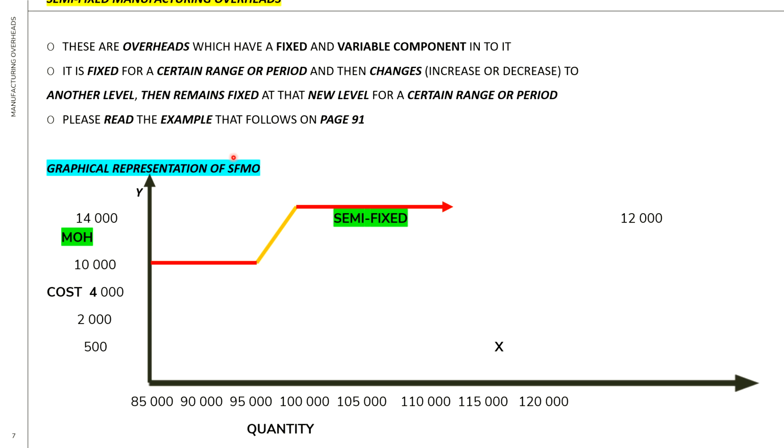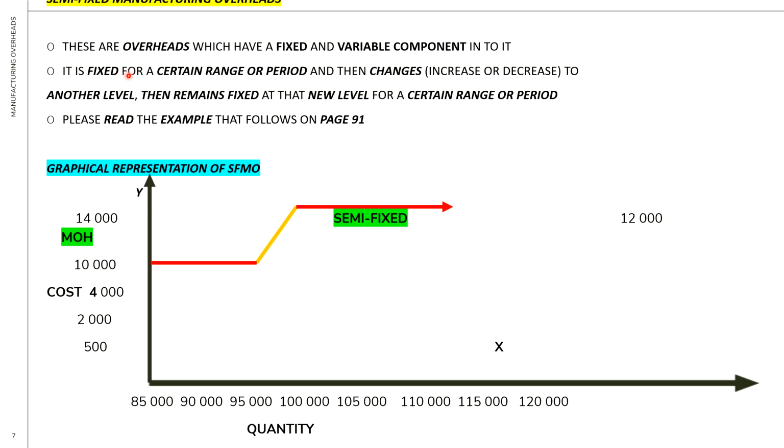So now we go to semi-fixed. Remember we talked about fixed manufacturing overhead. Now we're talking about semi-fixed manufacturing overhead. That means when something is semi, it means it's not full. All right, it's not full.